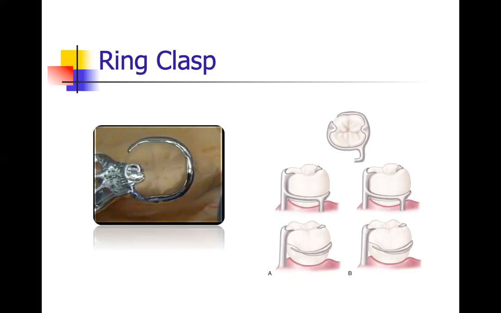The clasp should never be used as an unsupported ring because if it is free to open and close as a ring, it cannot provide reciprocation or stabilization. Instead, the ring type clasp should always be used with a supporting strut.